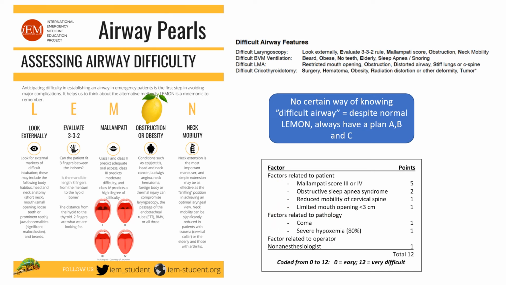And if you're above, I think, 3, then it's a difficult airway. There are also some features here when you do laryngoscopy, when you do BVM, LMA. There's the LEMON here. On BVM, it's the BONES mnemonic. On LMA, it's the RODS, and so on and so forth.